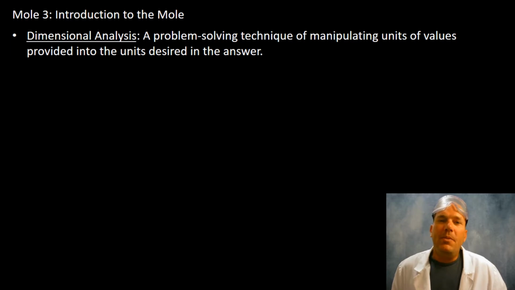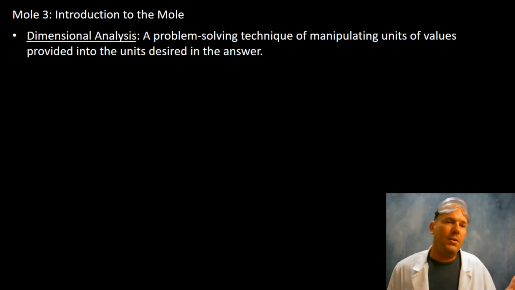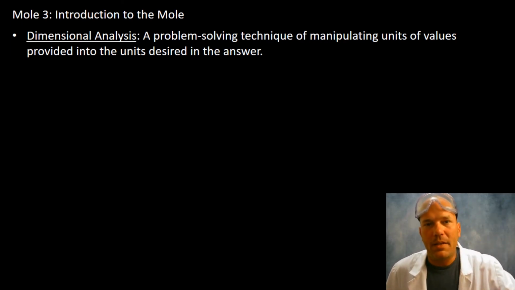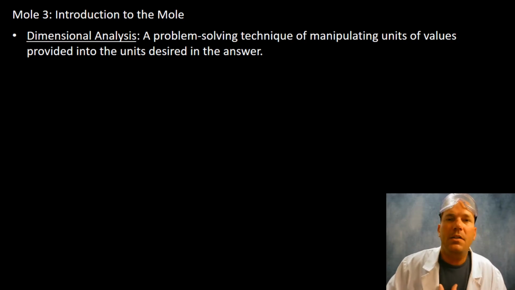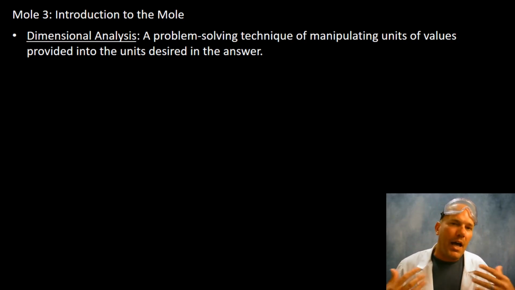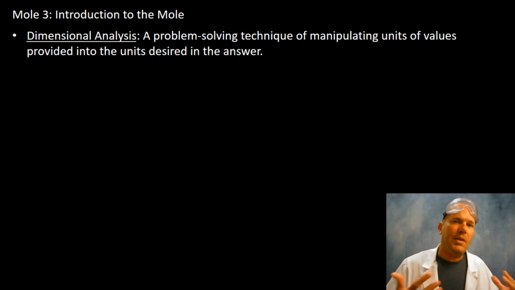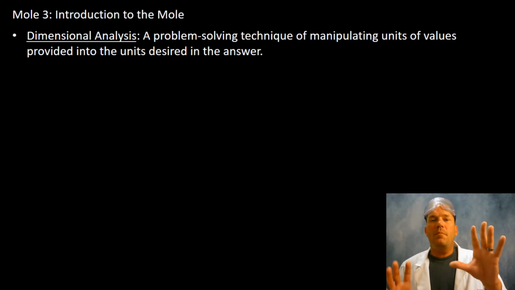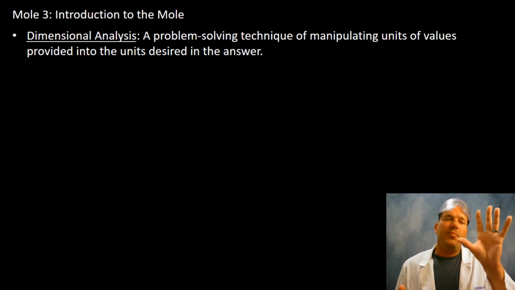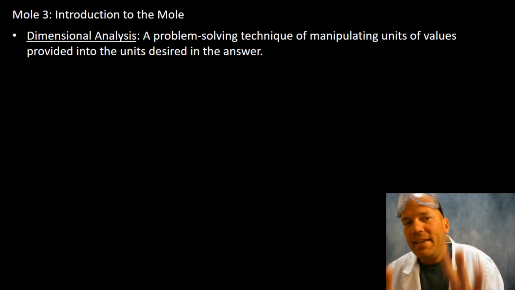All right, so we're going to be using a method in this course known as dimensional analysis, or the factor label method. Your professors in college may refer to it as one or the other, but you will be using it. I typically just call it dimensional analysis, but it's a problem-solving technique of manipulating units of values until you get the units that are in your desired answer.